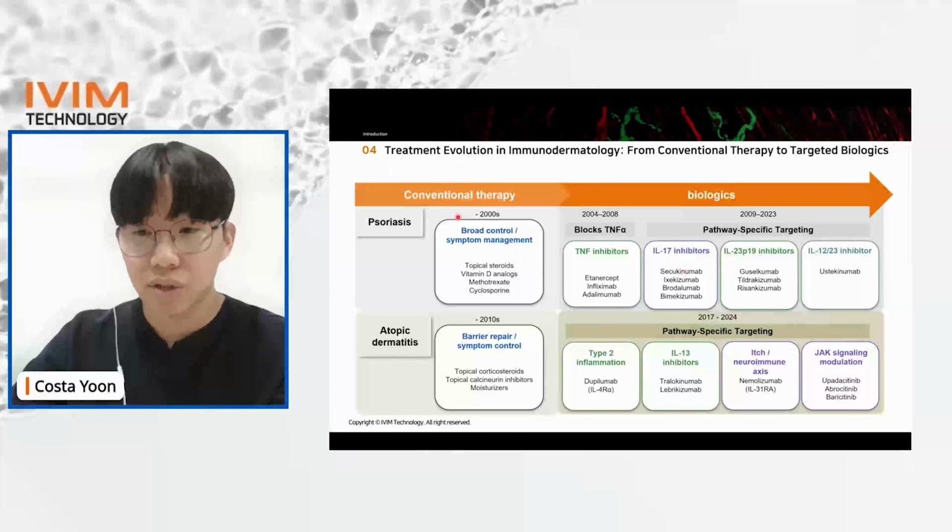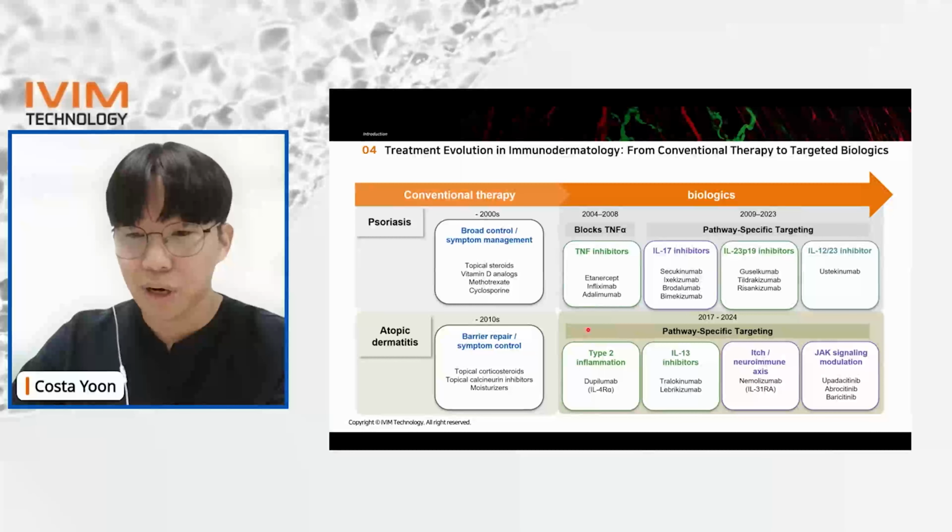Next, I would like to briefly discuss how treatments for psoriasis and atopic dermatitis have evolved. In the past, topical corticosteroids and immunosuppressants were commonly used to broadly reduce inflammation and control symptoms. In psoriasis, TNF-alpha inhibitors were introduced as a new treatment option.